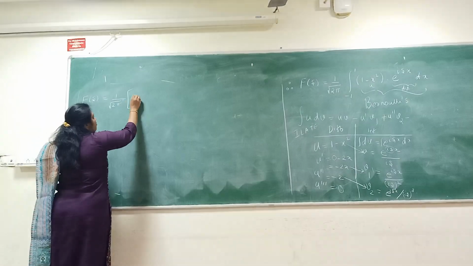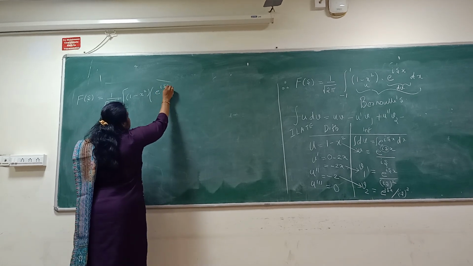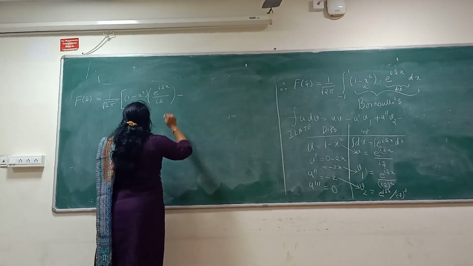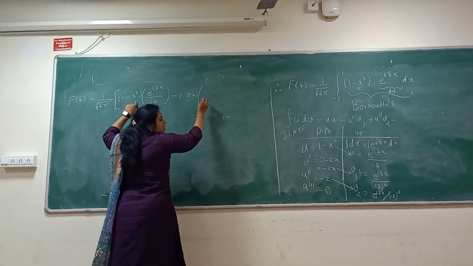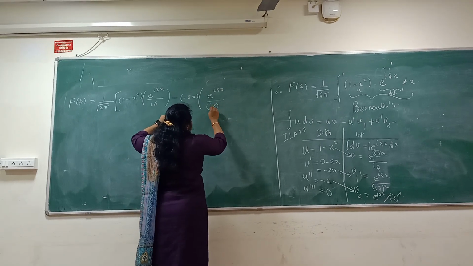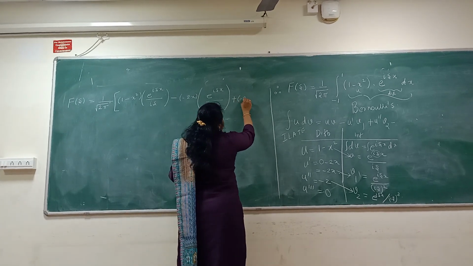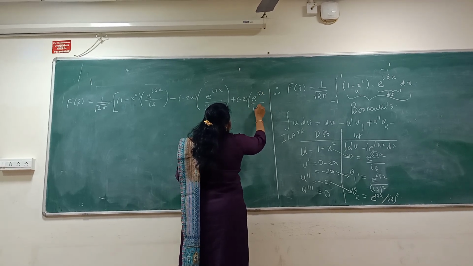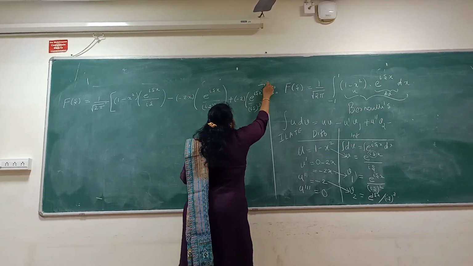So 1 minus x squared into e to the power i s x divided by i s, minus u dash, which is minus 2x, into e to the power i s x divided by i s the whole square, plus minus 2 into e to the power i s x divided by i s the whole cube, where the limit is from minus 1 to plus 1.